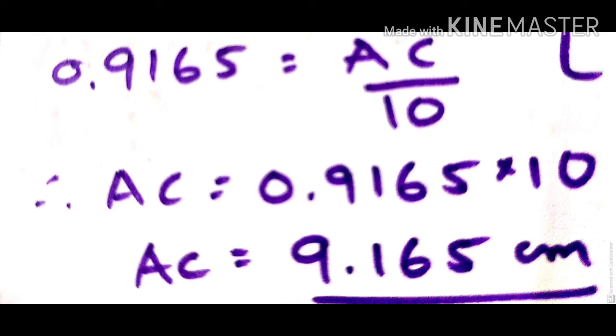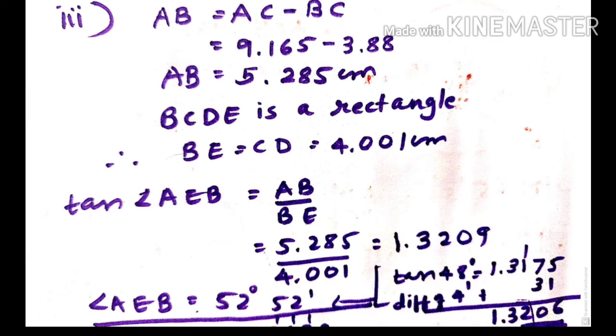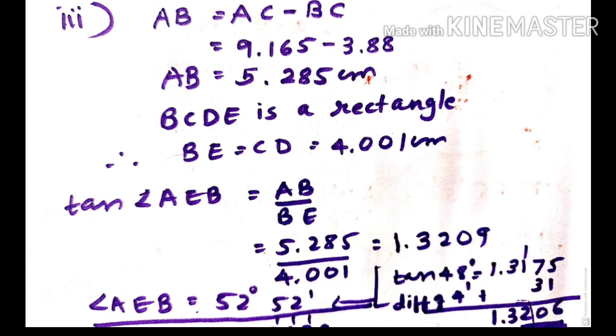Means angle AEB is of how many degrees? We have to find that value. For that, first of all, we want AB. See the figure students, if we need the AB value, then that is AC minus BC.